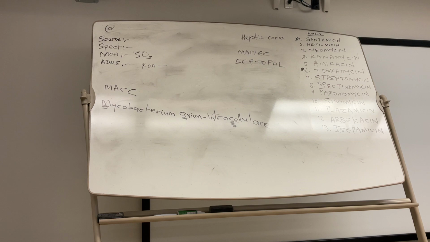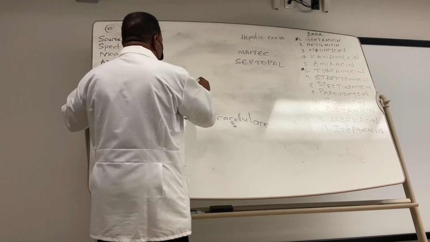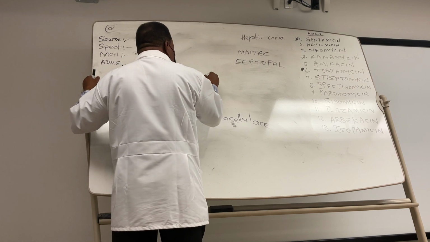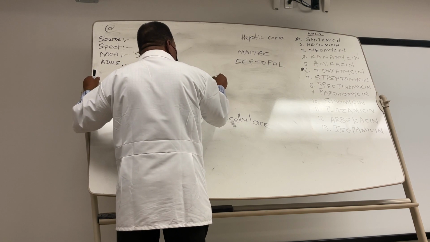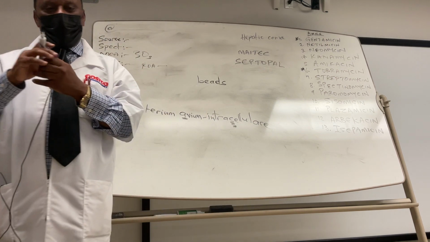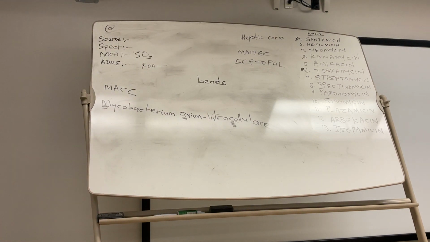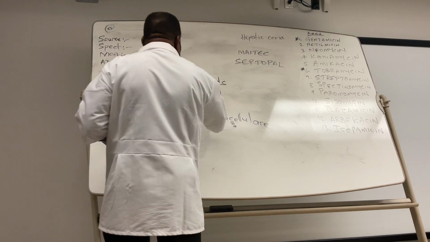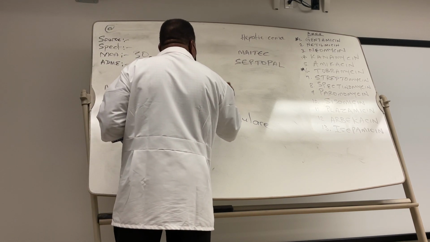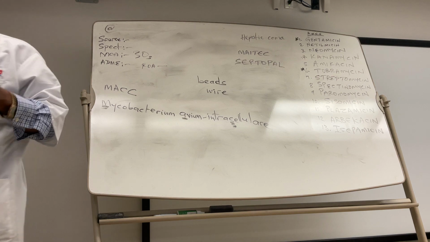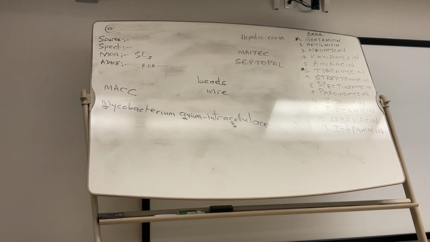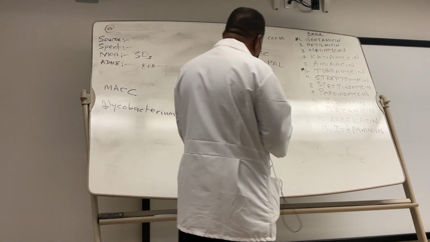Septopal is also a little different. Septopal uses some impregnated beads. So you impregnate or soak some beads in gentamicin, and that is placed on a surgical wire. And it's then transmitted into the muscles and then to the bones.